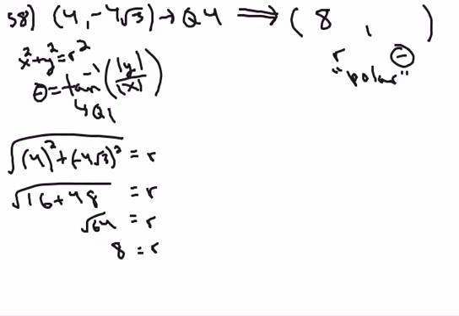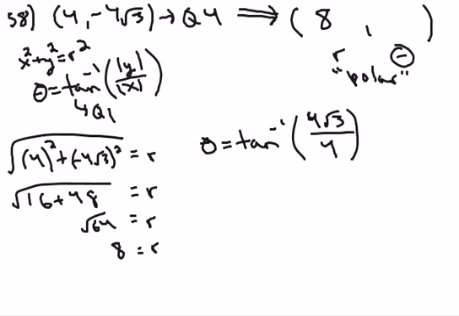And now I plug into this formula to find theta. If you look on the unit circle, tangent of pi over 3 is square root of 3, so tangent inverse of square root of 3 is pi over 3.